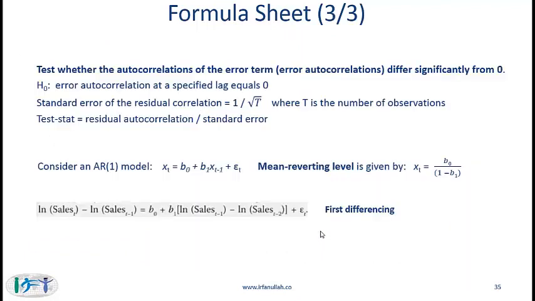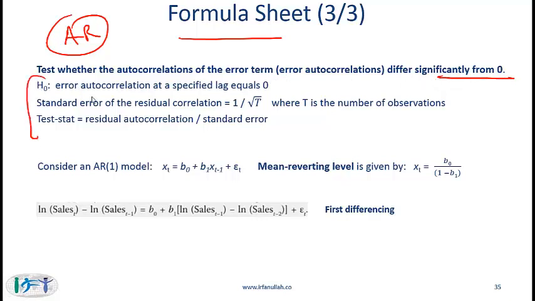All right, the third and final part of the formula sheet. When we are doing AR models, to test whether the autocorrelation of error terms differs significantly from 0, we do this test. The null hypothesis is that the error autocorrelations at a specific lag are equal to 0. The standard error of the residual correlation is 1 over root t, where t is the number of observations, and the test stat is the residual autocorrelation divided by the standard error.